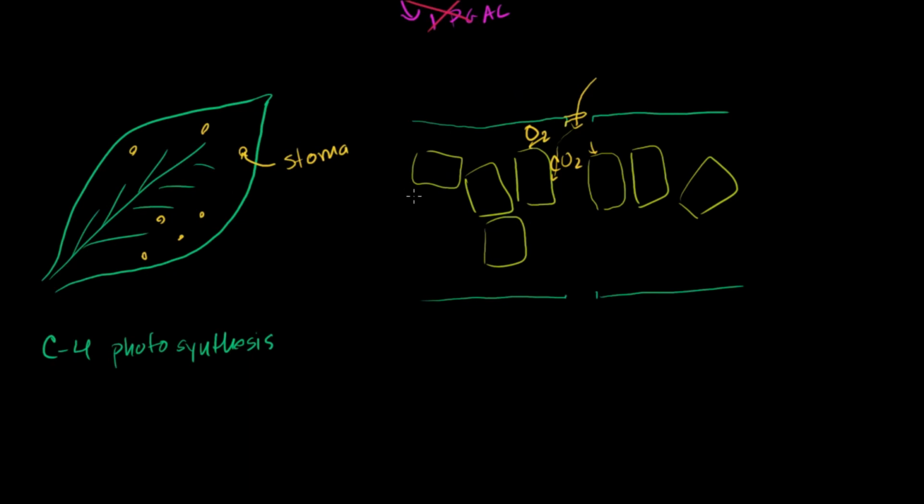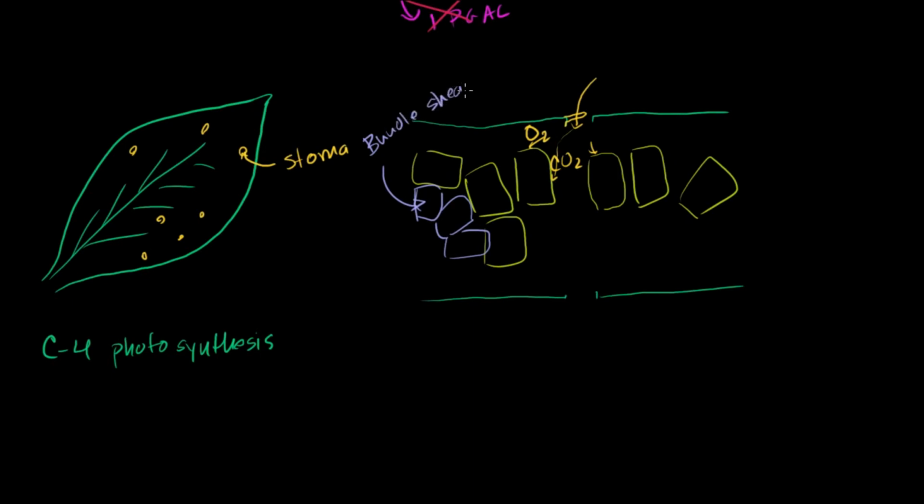So you have these bundle sheath cells, and these are actually the cells that surround the pipes in the plant that distribute the fluid up and down the plant. And we'll do a whole video on the anatomy of the plant. I really just want you to understand what's going on in C4 photosynthesis. So these other cells are more embedded. They don't have direct access to the air. These are bundle sheath cells.